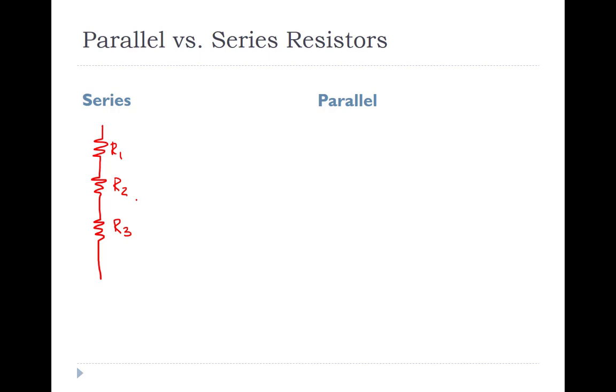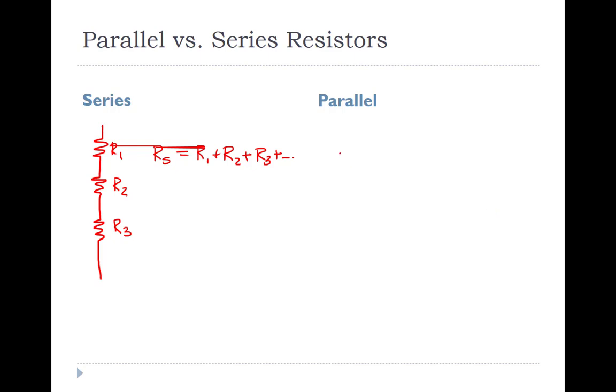Left to right, left to right, left to right. When you have this combination, the current only has one possible route through all those resistors, and therefore the net resistance of this combination is the sum of all the individual resistances. So I've illustrated this with 3, but if I had 10, I would have to add all 10 up.